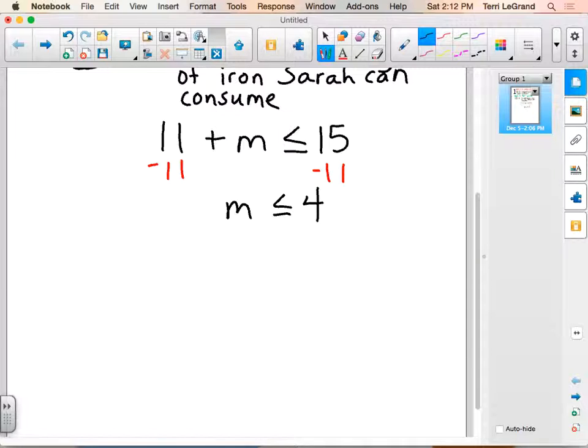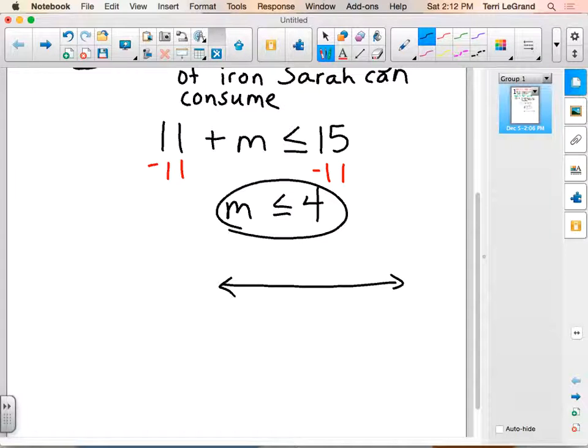Now, we have to think about what this is telling us. This is telling us that the extra number of milligrams of iron that she can consume can be 4 or less. It says m is less than or equal to 4. Now, when we think about all the numbers on the number line that are less than, let's get our number line set up here.